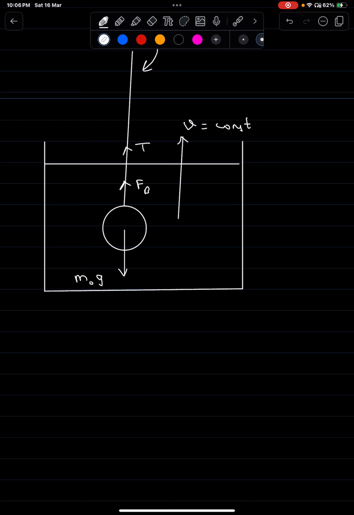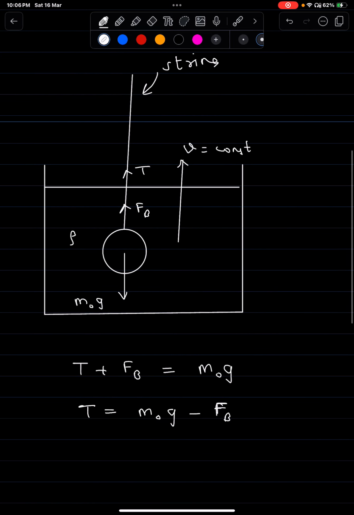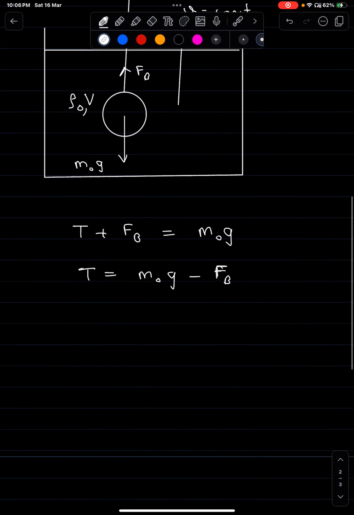So the total upward force is equal to the total downward force. So we can say T plus Fb, that is the buoyant force, is equal to m naught g. So T will be equal to m naught g minus Fb. Again, rho naught is the density of the object and V is the volume of the object.